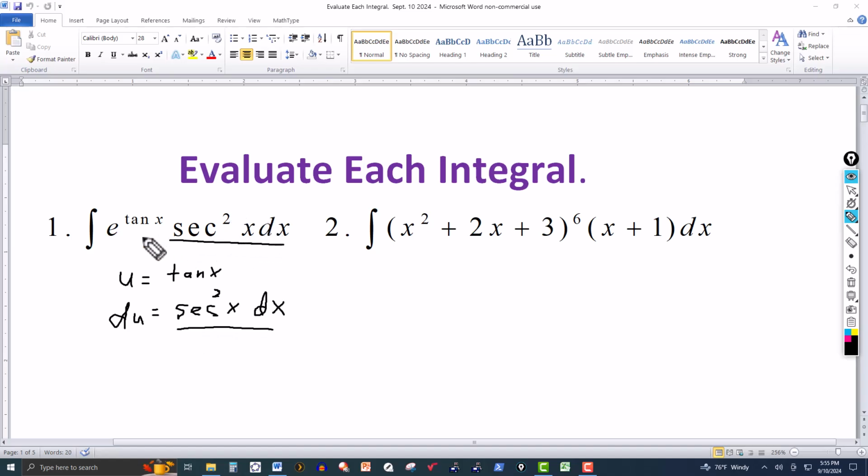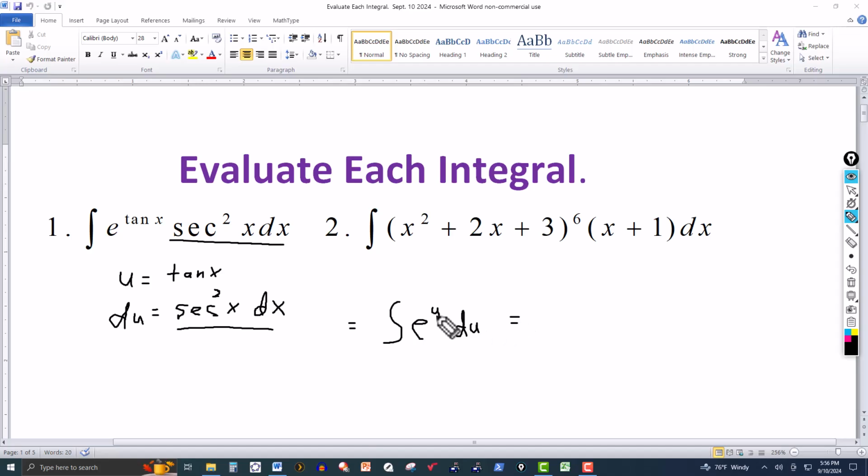So I want to transform this into an integral involving the variable u instead of x. The tangent of x I know is u. So this would just be the integral of e to the u, and secant squared of x dx right here is your du. And then of course what are your basic formulas? The integral of e to the x dx is e to the x plus a constant.